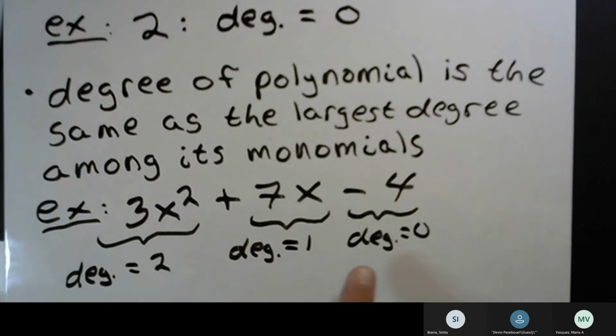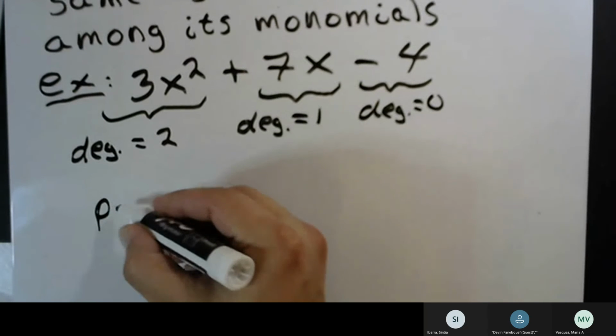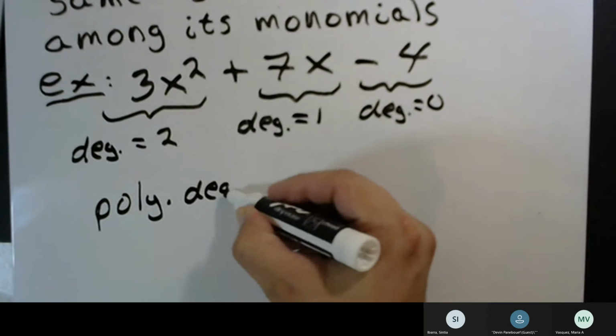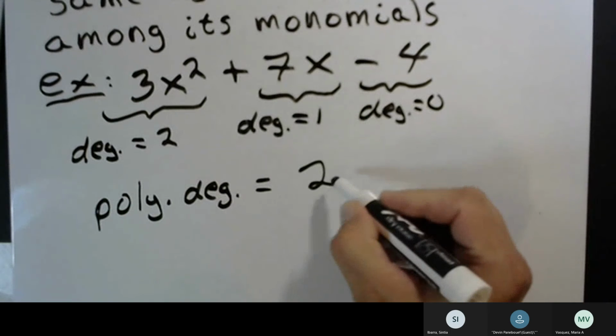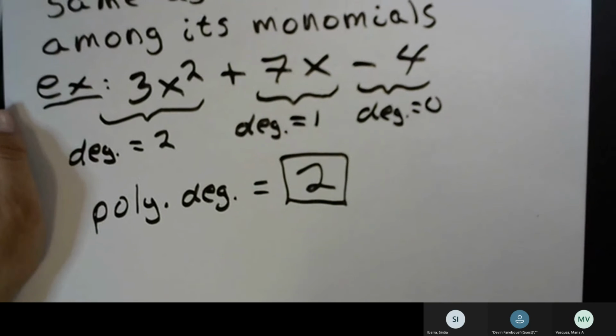So amongst the monomial terms, the largest degree is 2. So the polynomial degree is going to be 2. So any questions about that? All right.